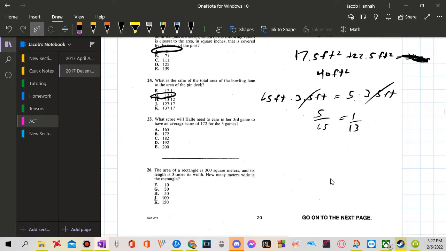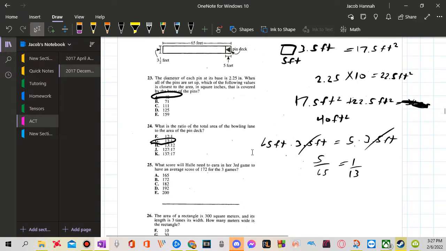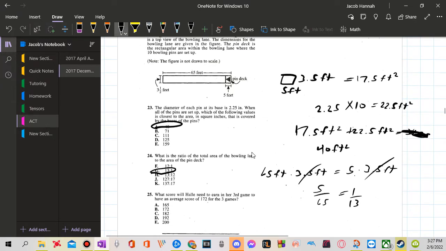What score will Haley need to earn in her third game to have an average score of 172 for the 3 games? So 172, that's an average for the 3 games. So, you know, times 3 is 516. Yeah. Let's double check that. Yep, 516.